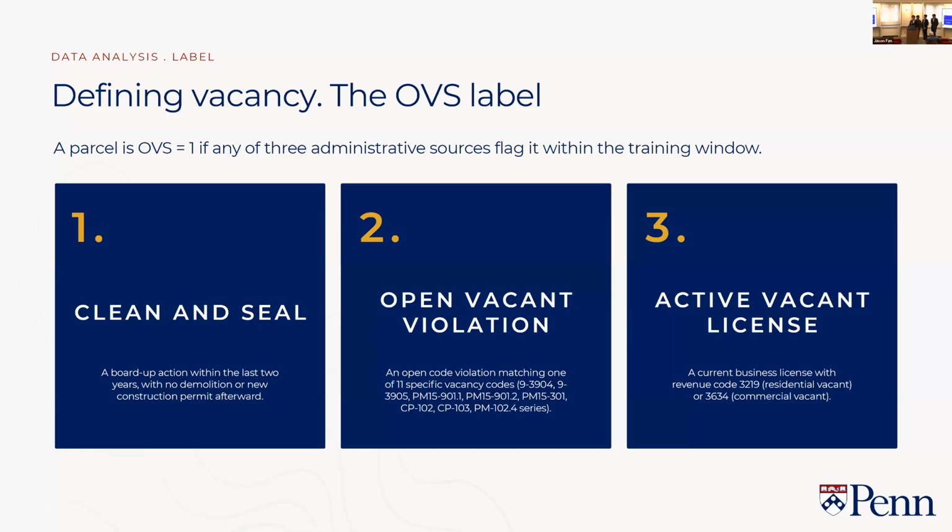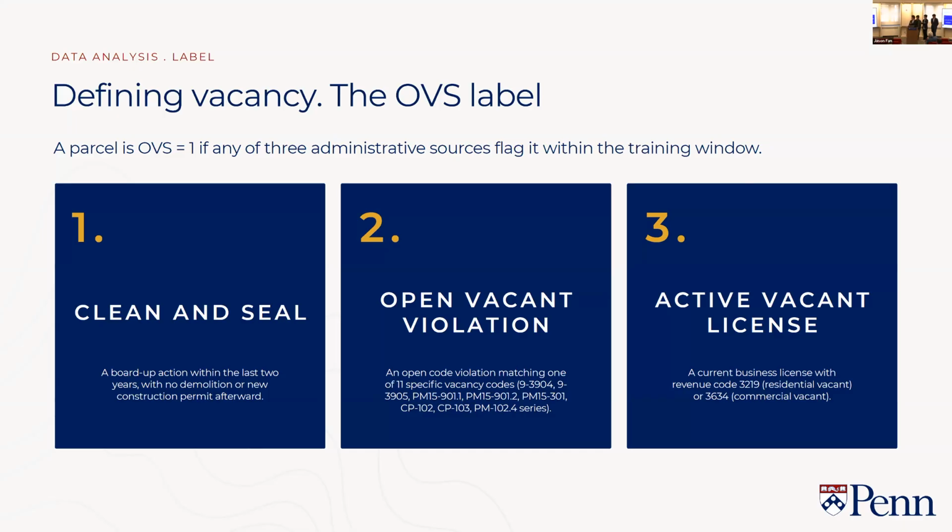The clean and seal, that means the city had to secure or board up a property because the property is open, unsafe, and exposed. The open vacant violations are violation codes that directly point to vacancy-related conditions, and some properties may have a vacant license officially.